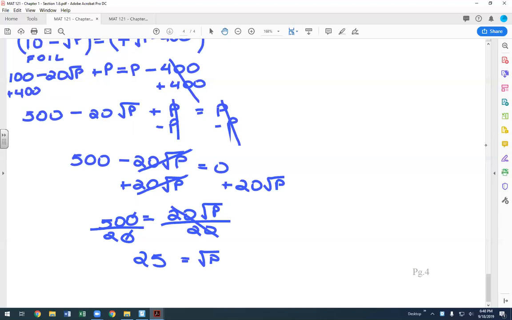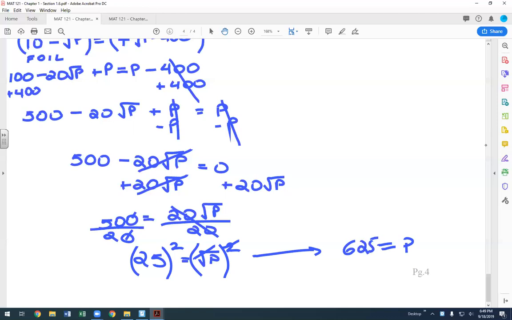Square both sides. Yeah, to get rid of the square root, square both sides. On the right, the square and square root will cancel out, giving us p, and 25 squared is 625.